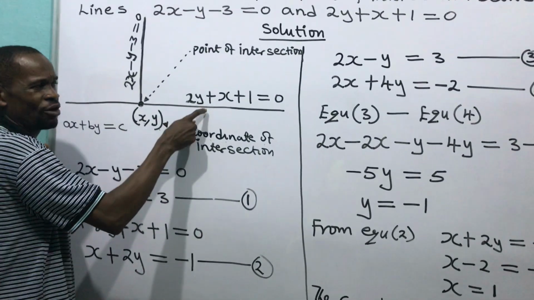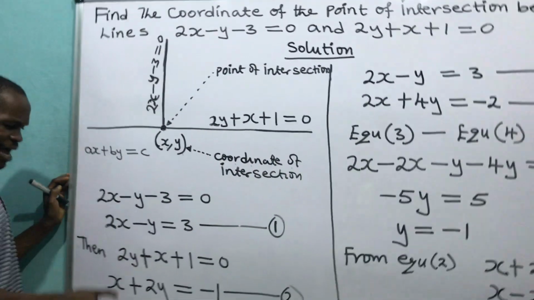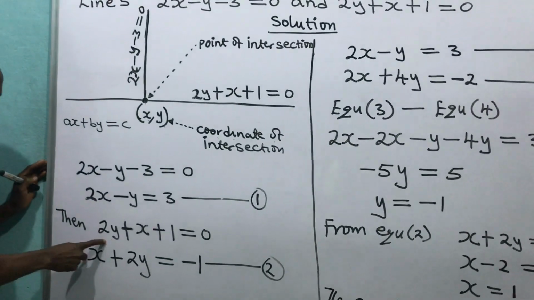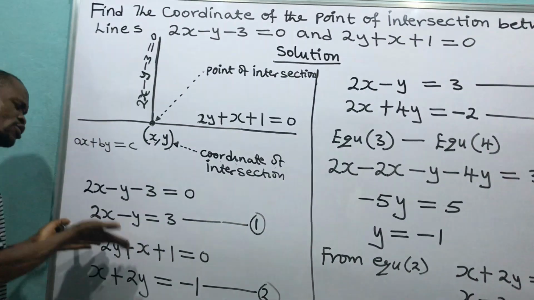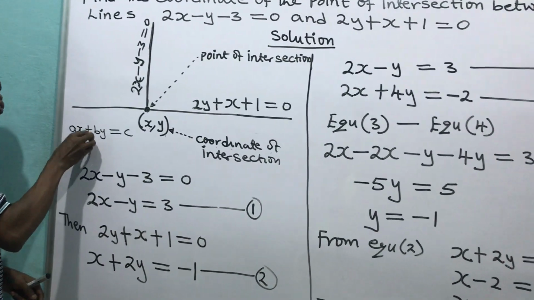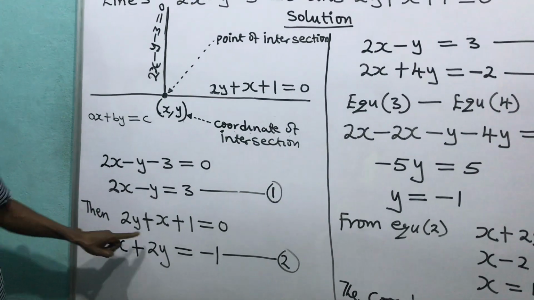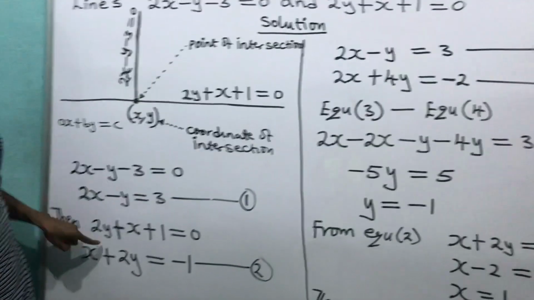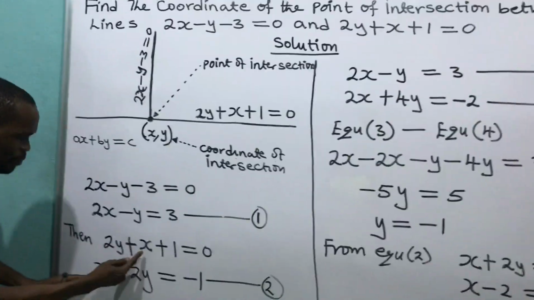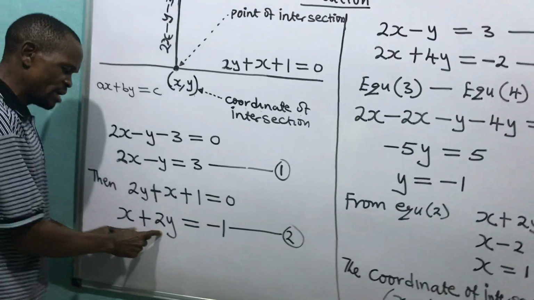Then I go for the second equation, the equation of the second line. I bring it down: 2y plus x plus 1 equals 0. This is not in the simultaneous equation format, so I have to arrange it. The x has to be the first one, then the y comes here, which is plus.